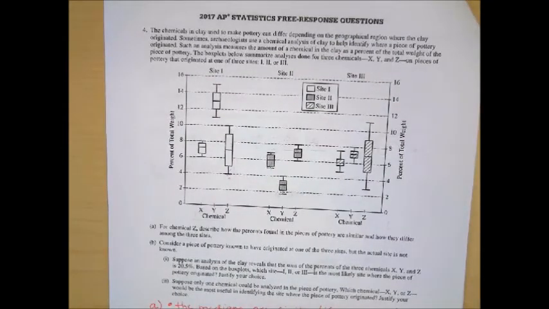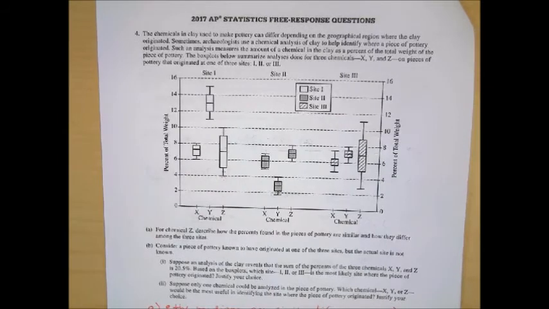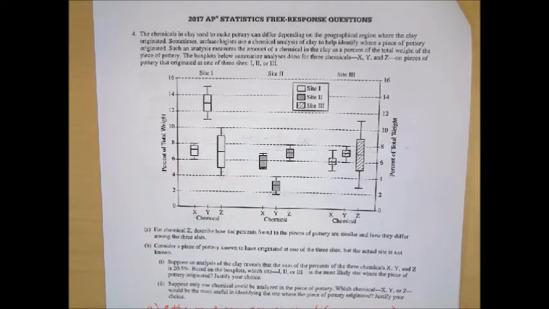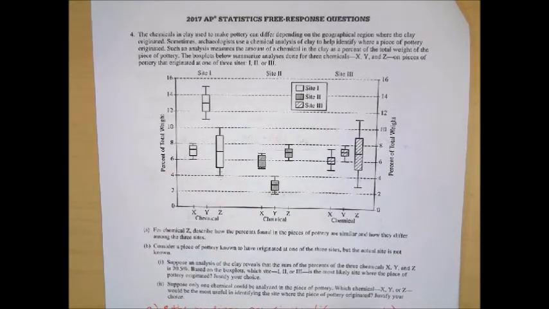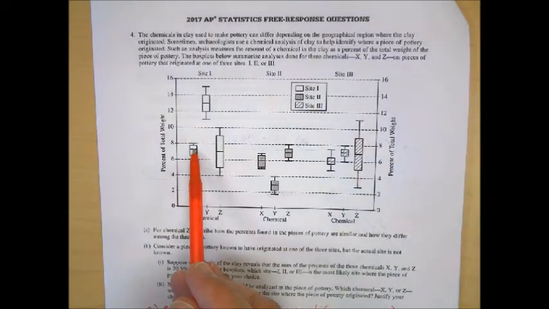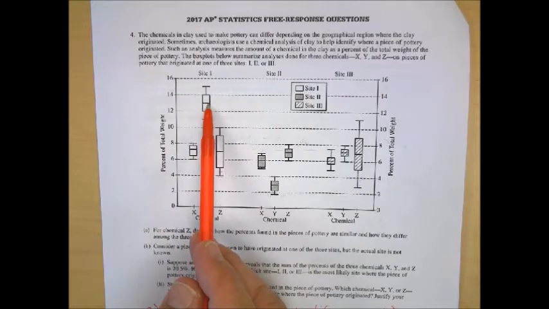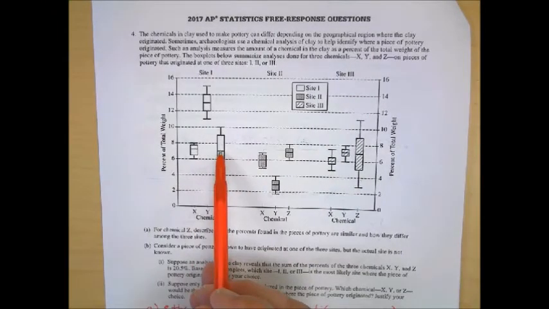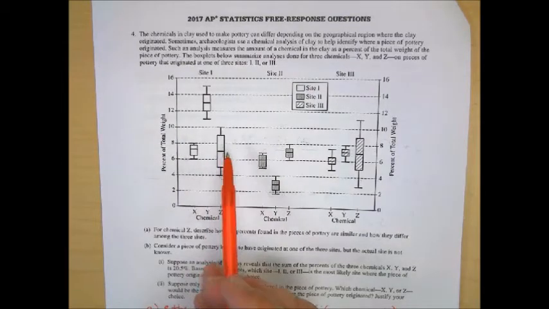Well, I'm going to use the median. I mean, that's the best number I can think of to use, and you're going to have to guess. So at site 1, this is a little more than 7. This one looks like it's at 13, so there's 20 already right there. And then this one is back to 7 again, so there's 27. That doesn't seem right.